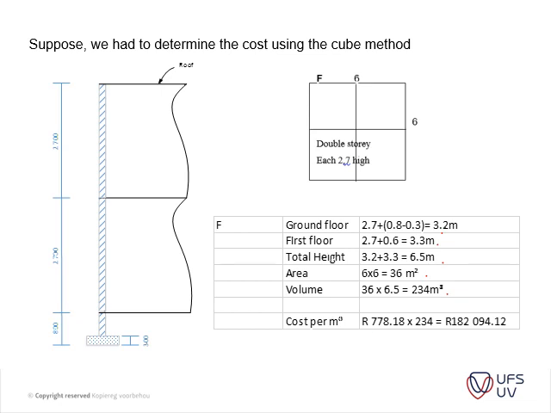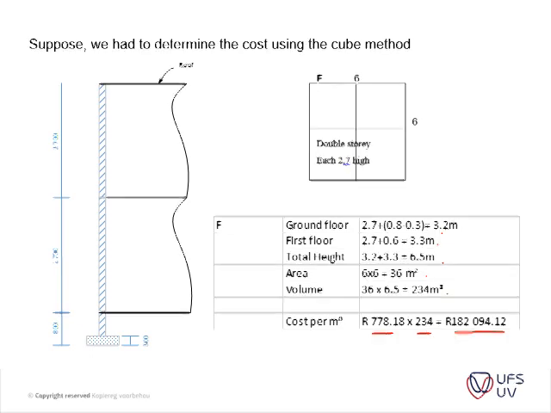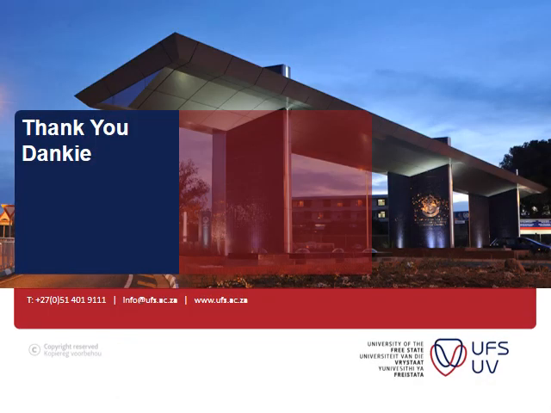Thus we take our rate of the previous calculation and multiply it with our total volume to get a new estimated construction cost. And that's the very basics of the square meter, unit method, and the cube method of calculations. Thank you very much.